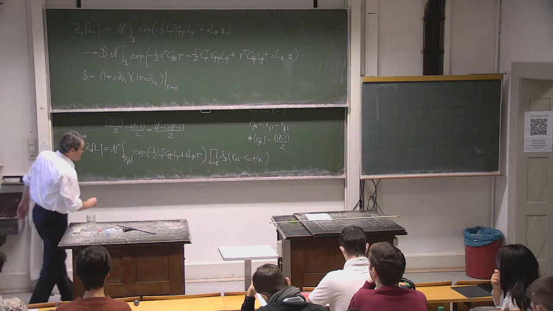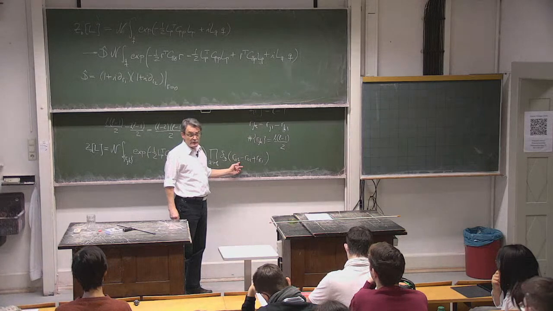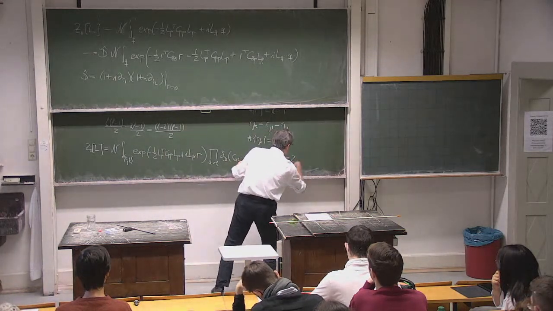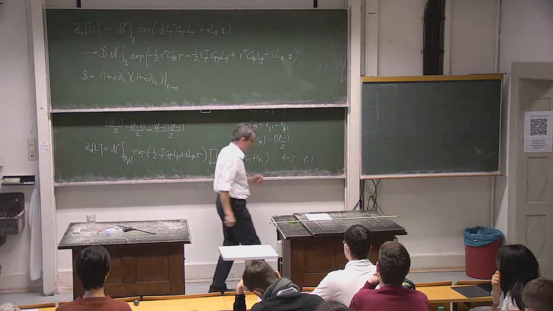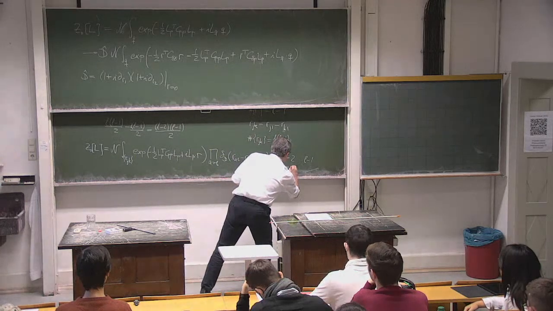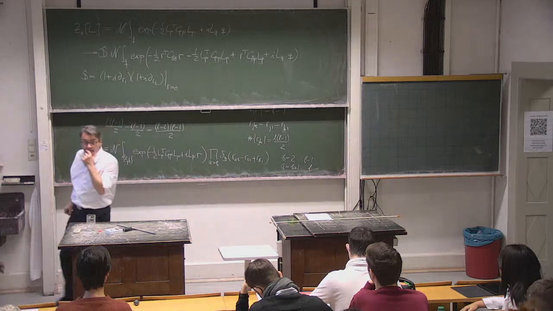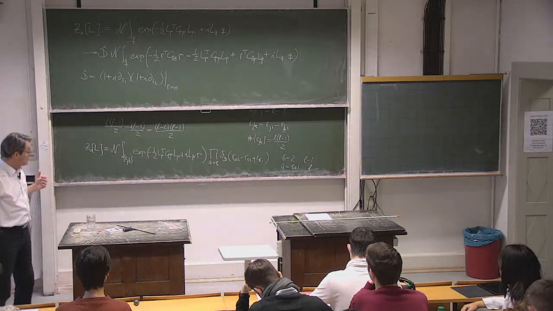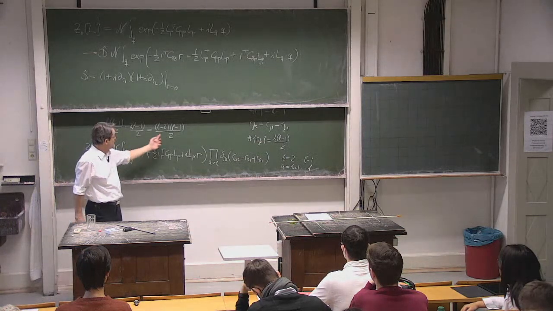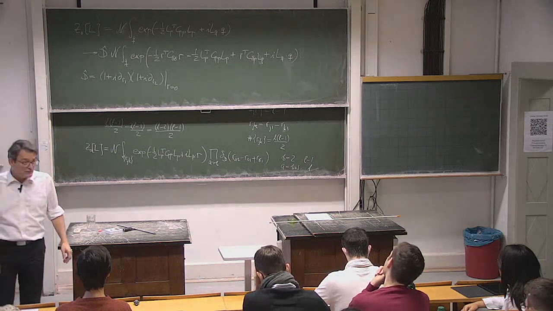Now this index B here runs from 2 to L minus 1. And the index A runs from B plus 1 to L. So in total, the index combination AB runs over these L minus 2 times L minus 1 divided by 2 combinations.